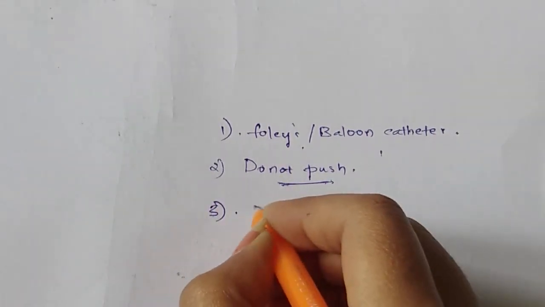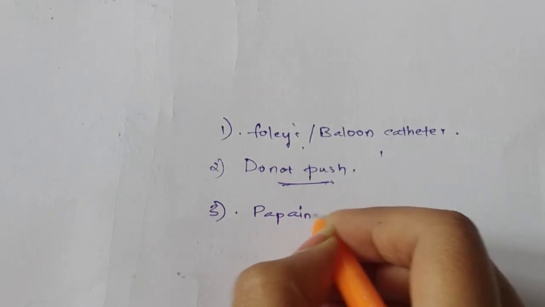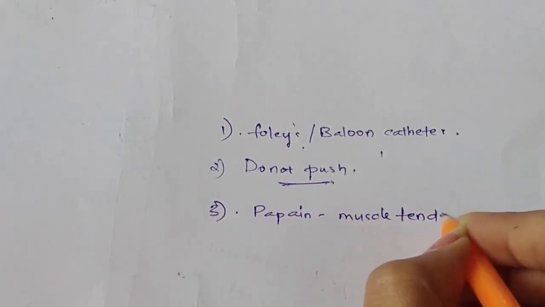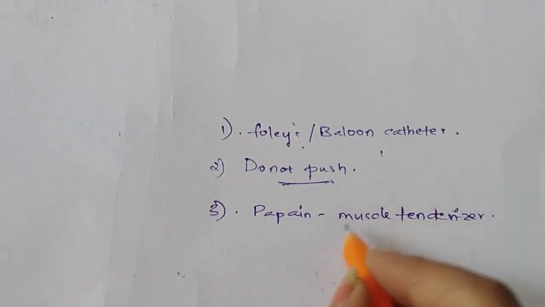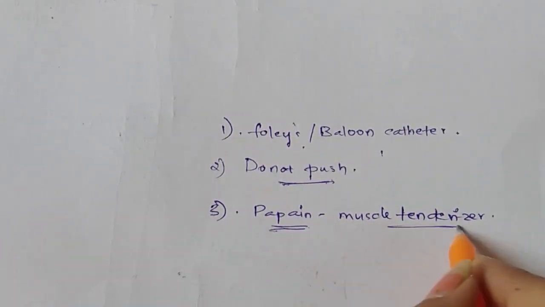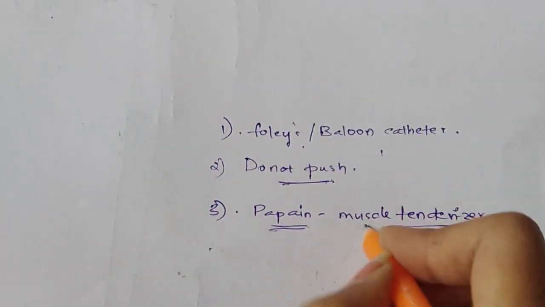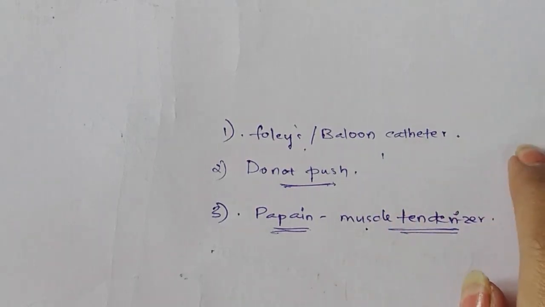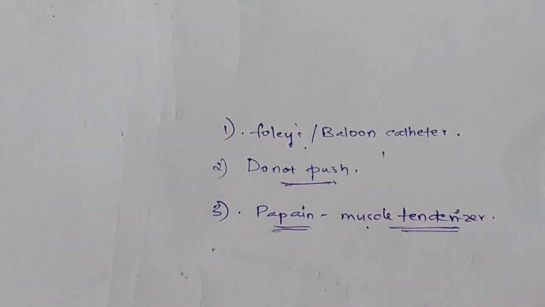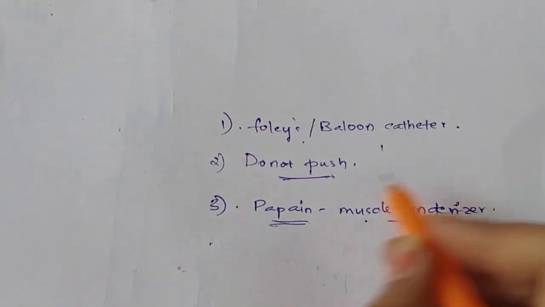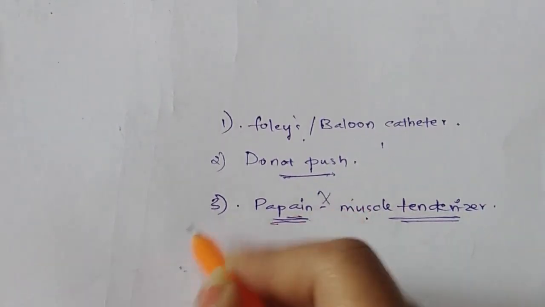So third one is, you should not use papain like material. These are muscle tenderizers. Papain like material should not be used because esophagus is also made up of muscle, right? If we use these muscle tenderizers for removal of any meat that gets stuck in the esophagus, it digests the meat. Along with that meat, esophagus will also get digested. So papain should not be used.